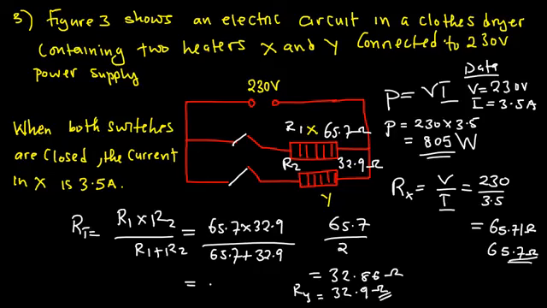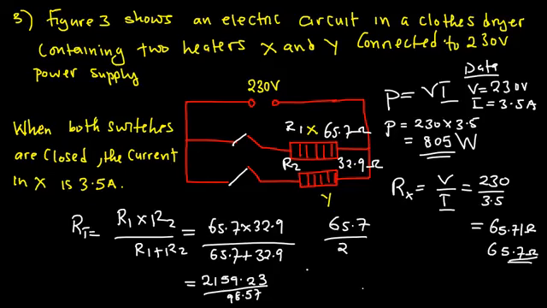We're going to find 2159.23. So be able to confirm these numbers. Then down we have 98.57. Now here dividing, what are we going to find as the final answer? The final answer is going to be R total is equal to 21.91 ohms, which is 21.9 ohms. So this is the total resistance.